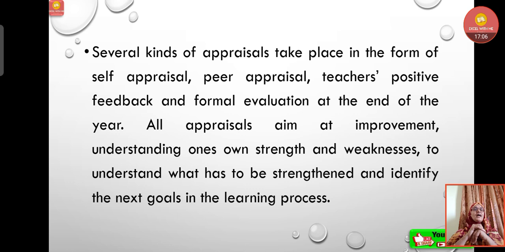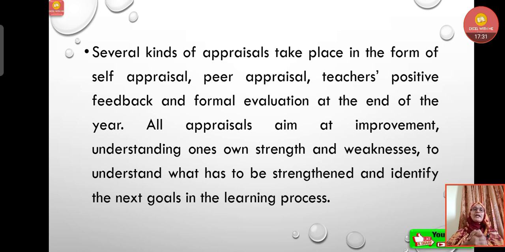So, several kinds of appraisals take place in the form of self-appraisal, peer appraisal, teachers' positive feedback and formal evaluation at the end of the year. All appraisals aim at improvement, understanding one's own strengths and weaknesses to understand what has to be strengthened and identify the next goals in the learning process.